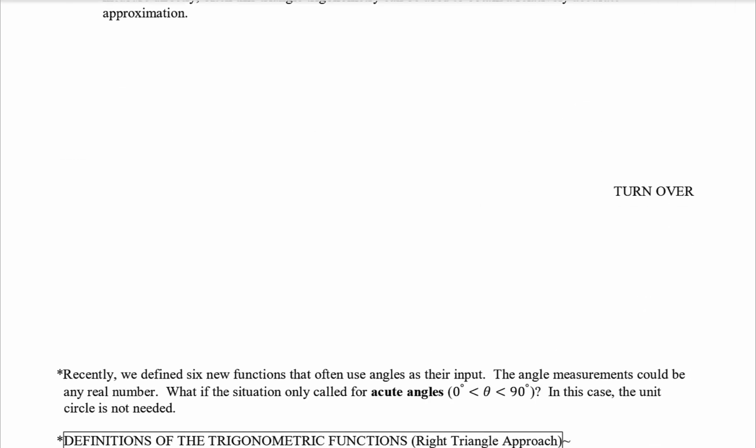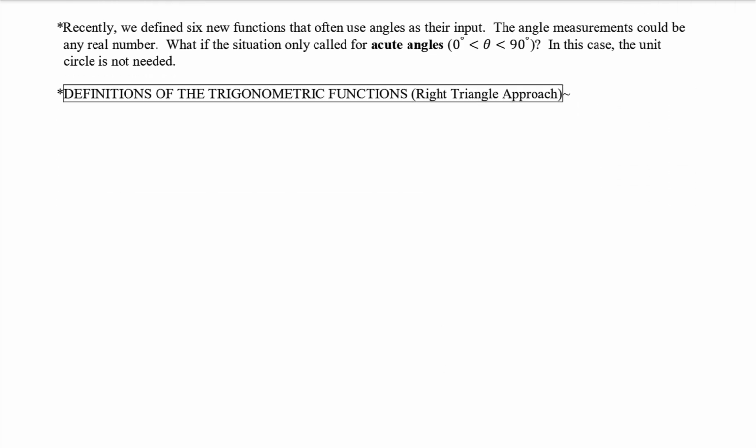Okay, so let's start with a different way to think of the trig ratio. Sometimes in real world application, you don't ever need to worry about an angle that's bigger than 90 degrees. And if you don't, you don't need the unit circle definitions of the trig ratios.